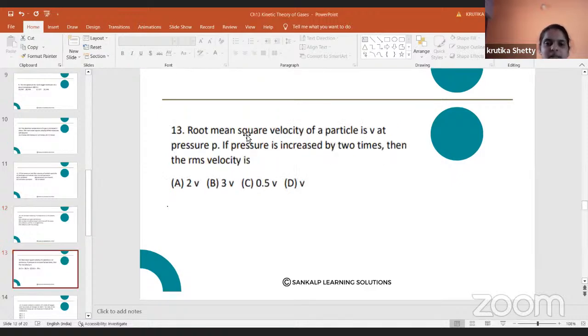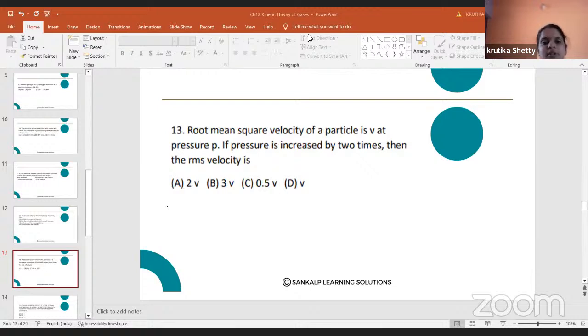Then the next question is, root mean square velocity of a particle is V at pressure P. If the temperature is increased by 2 times, what happens to your, okay, you are saying the RMS velocity becomes 3V.